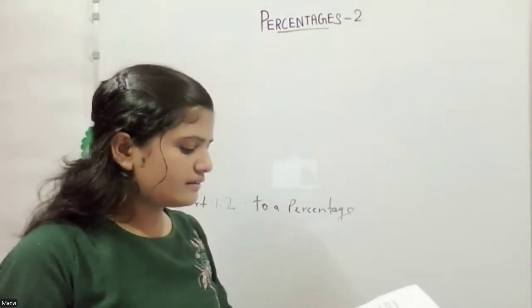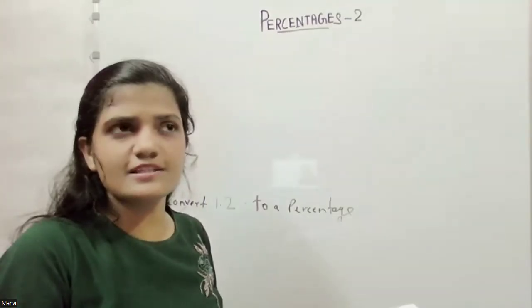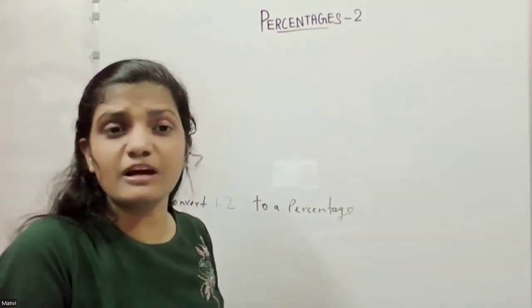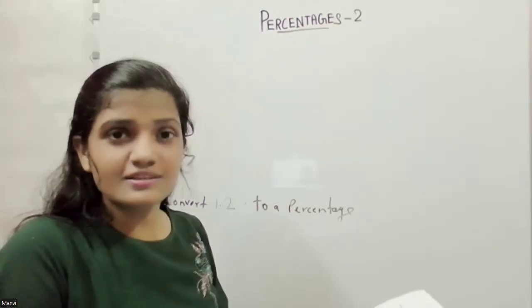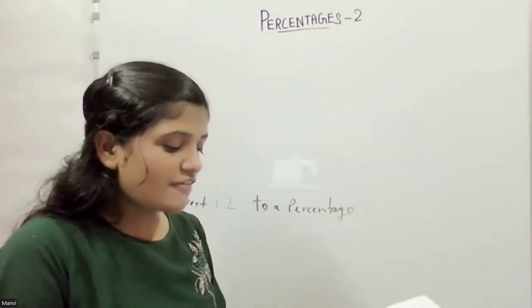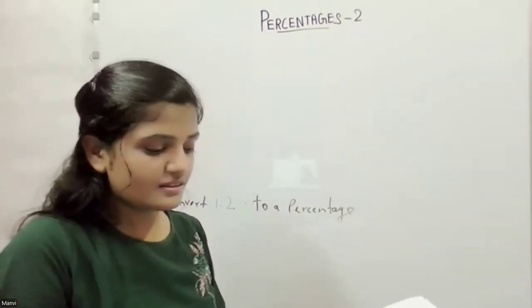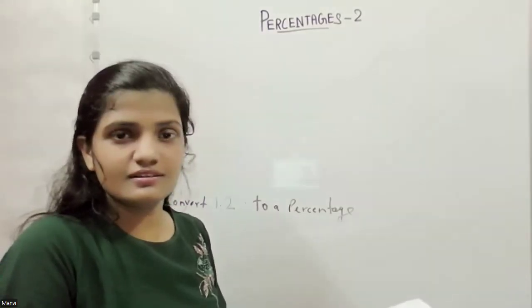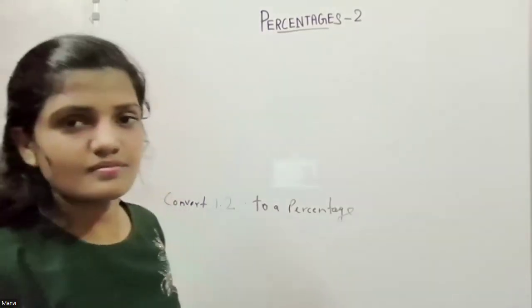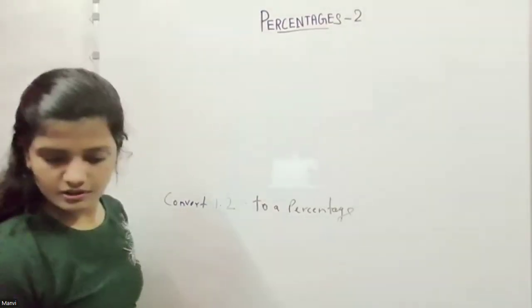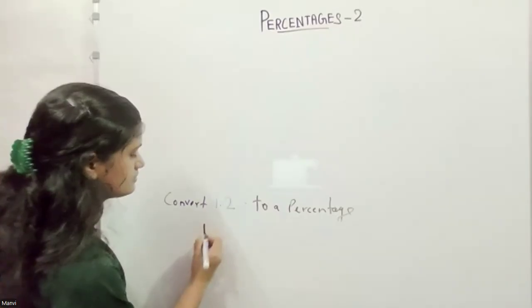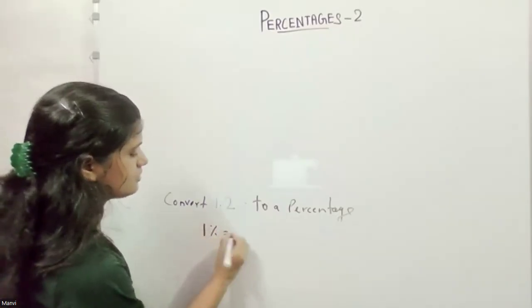And there are very small percentages like 0.5%. 0.5 is actually half, 1/2, half of 1%. 1% is 1/100.